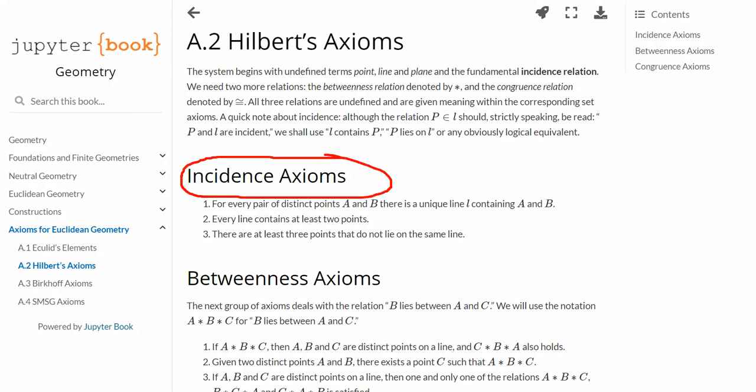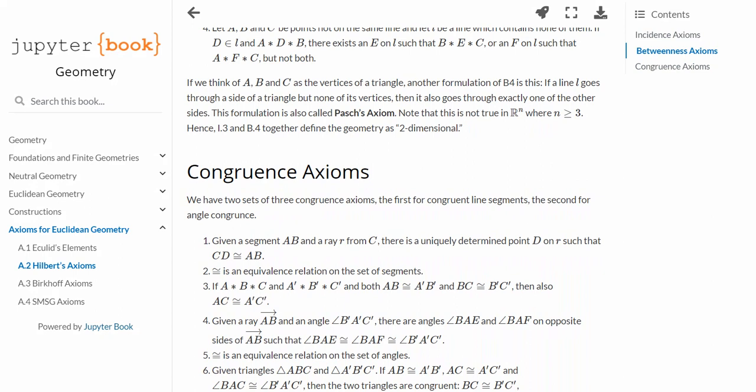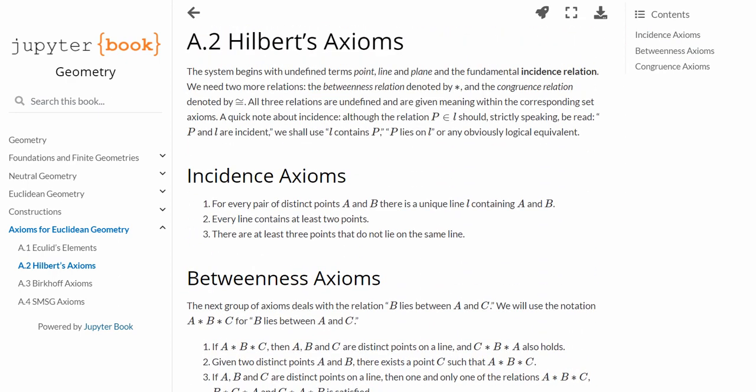He's got incidence axioms and betweenness axioms, to try to describe what it means for B to be between A and C. He also has congruence axioms, for both figures and angles and so forth. This is a nice formulation because it gives you groupings of axioms that tell you what we're trying to state to make true in this geometry. These incidence axioms make sense: this is how the points and the lines of the geometry fit together.